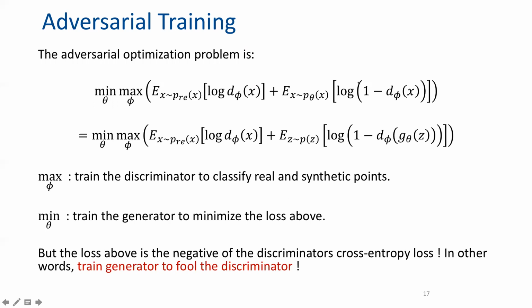Okay, all right. So in other words, the formula above is the negative of the cross entropy loss, this thing inside here. If you want to think about it, we're training the generator to actually maximize the cross entropy loss. In other words, it's trying to fool the discriminator, and the discriminator is trying to maximize the Jensen-Shannon divergence, which is a good thing to do.